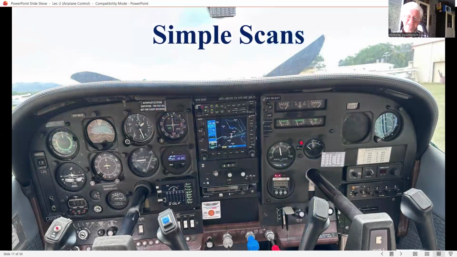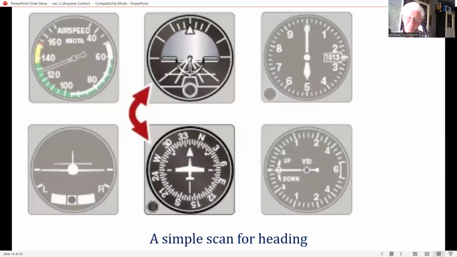So let's start the next topic. It's very simple, just a scan. And let's start with the heading. Directional information can be obtained from the heading indicator, HI, or from the magnetic compass.